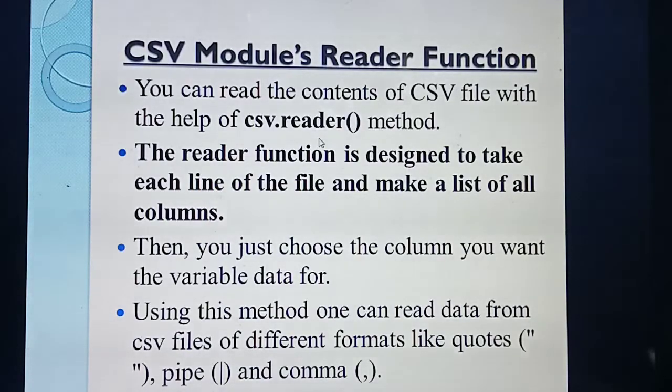First it will read each line, then make each line a list of columns. Then you choose the columns you need, based on your wish, and in those columns you can read and modify as needed. Using this reader function, you can also read symbols like quotes, double quotes, pipe and commas.